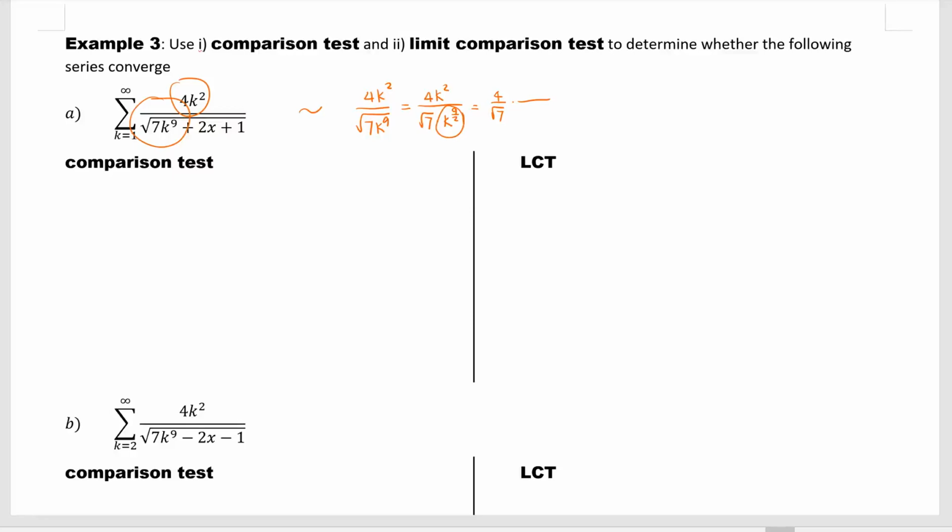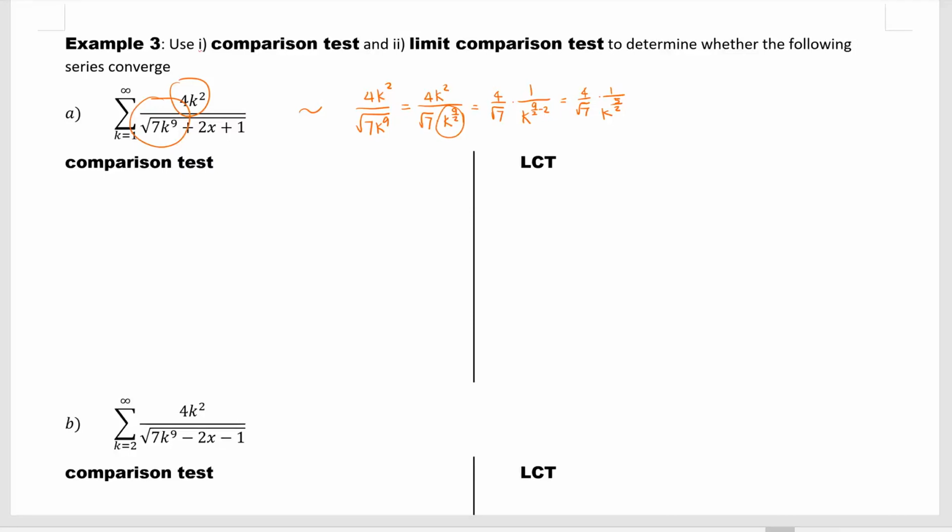Once we cancel this k squared, we have k in the denominator, and 9 halves minus 2 is 9 minus 4 over 2, which is 5 halves. So this is the series we want to compare with.